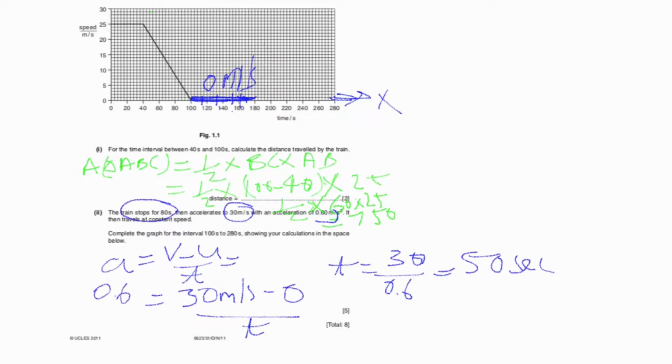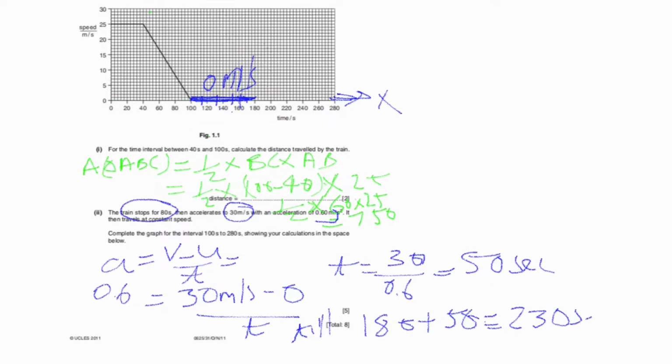So here we can see, it started accelerating from 180, so 180 plus 50 equals 230 seconds.